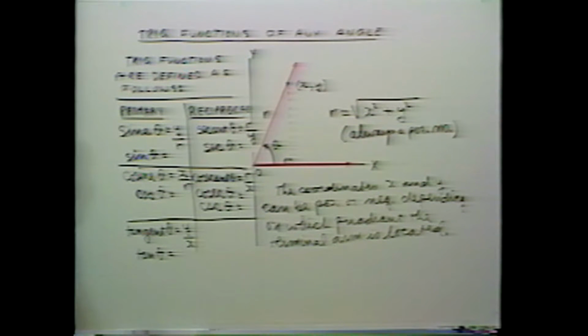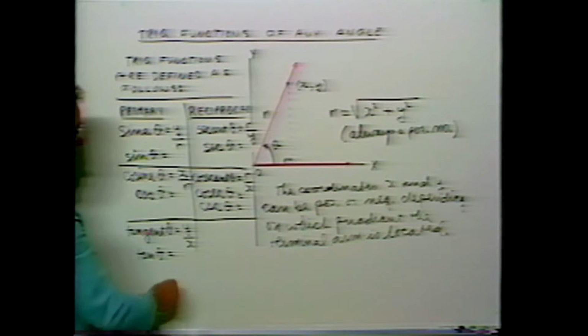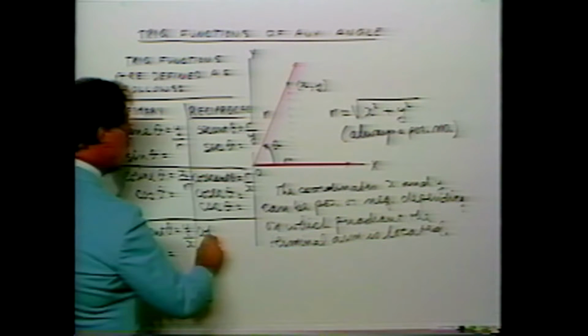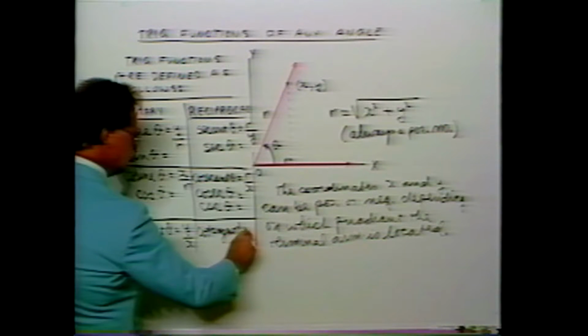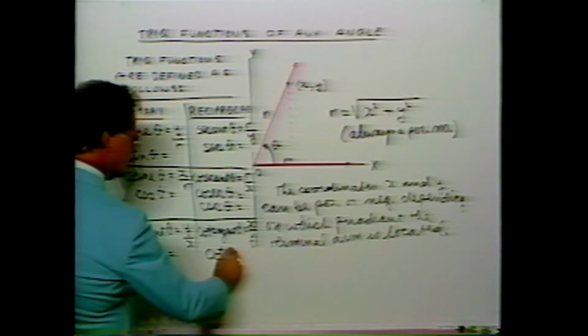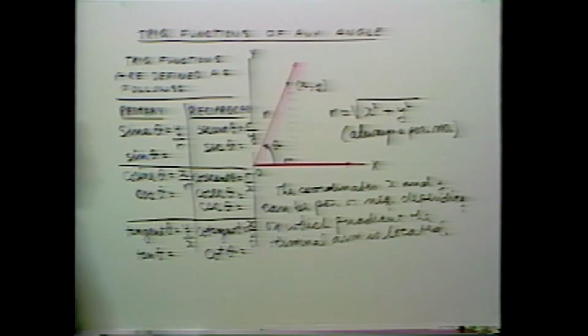The reciprocal of tangent theta, of course, would be x over y, and x over y is defined as the cotangent, or simply cot theta in short. As I explained, you must memorize the primary and reciprocal ratios.